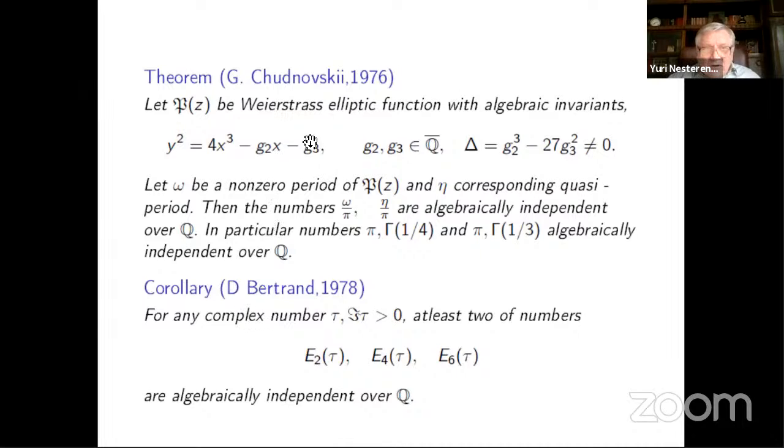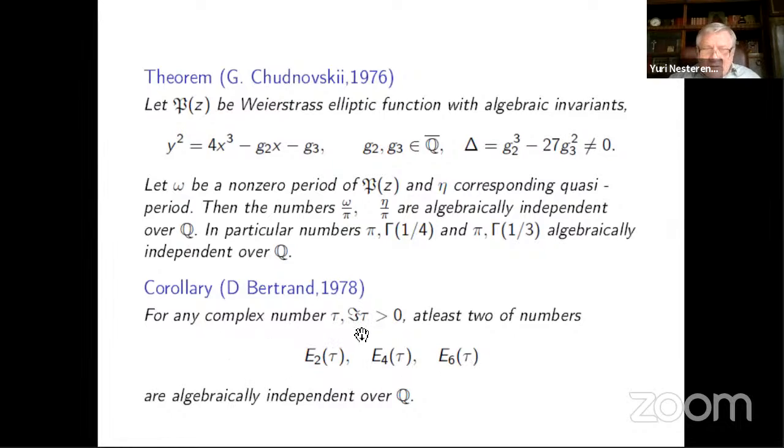So this is a corollary of the Chudnovsky theorem. There is a link between the parameters of the Weierstrass P function and Eisenstein functions.